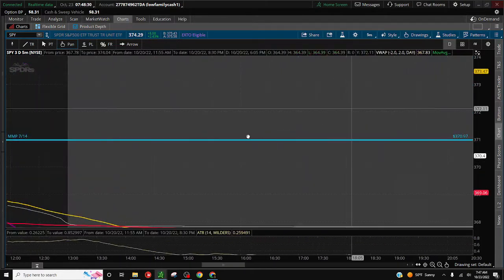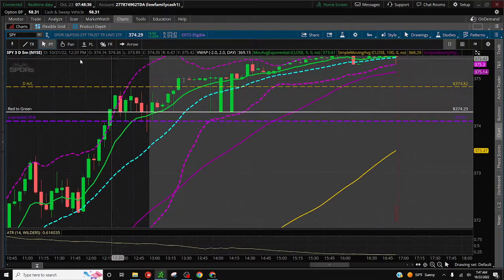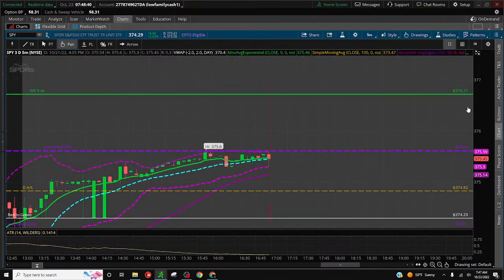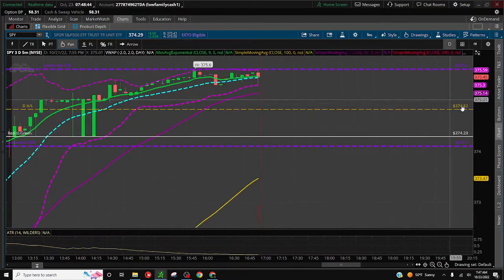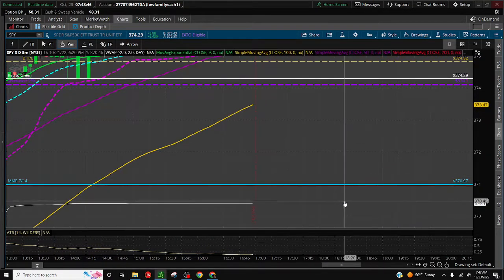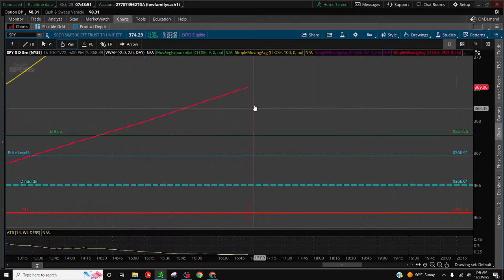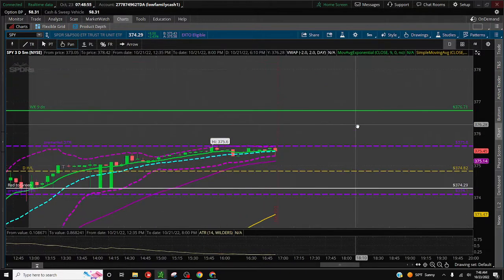Okay. Let's go back here. We'll talk about this just a little bit. So I am sort of long biased, because we're above the daily mid Bollinger Band, and so that makes me more long biased.